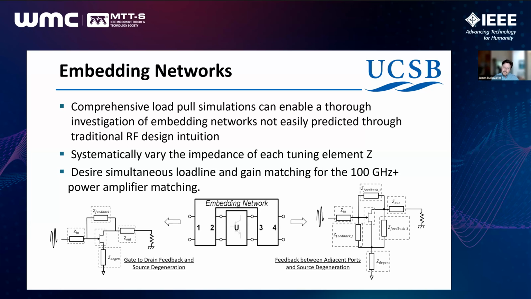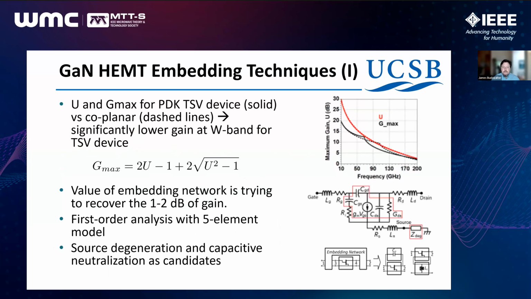And so the embedding network is a way of capturing how this feedback might behave without worrying about the precise implementation of that feedback. We really want to get at this problem of how we might simultaneously get load line and gain matching for these higher frequency applications, as well as potentially introducing gain boosting.